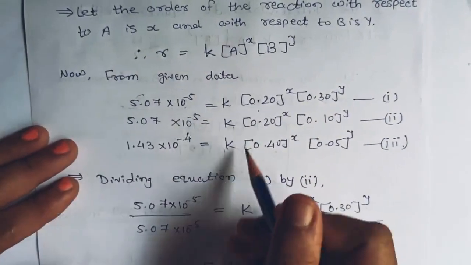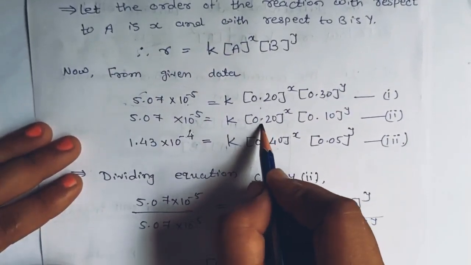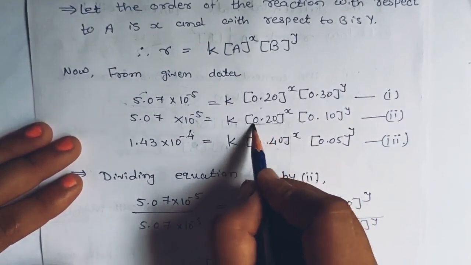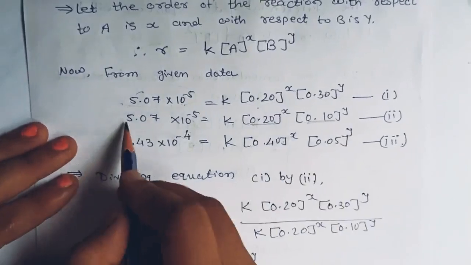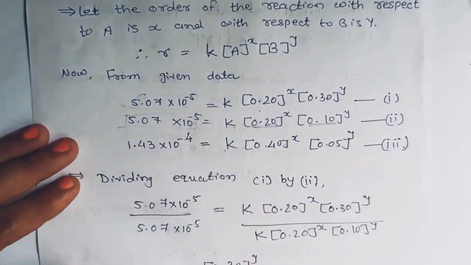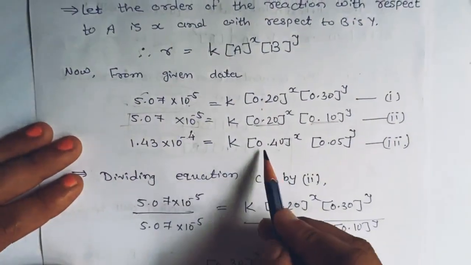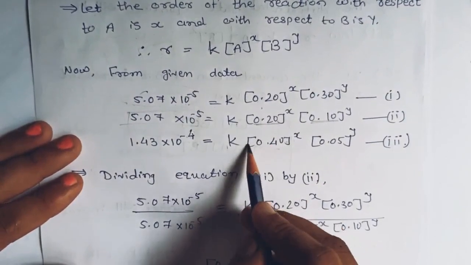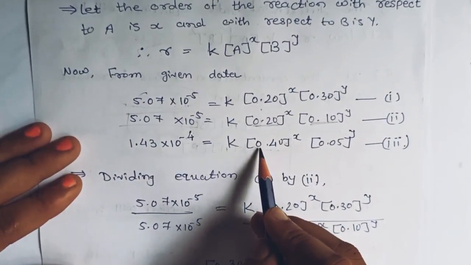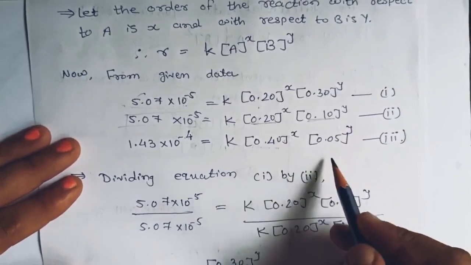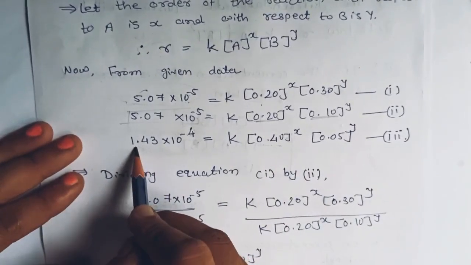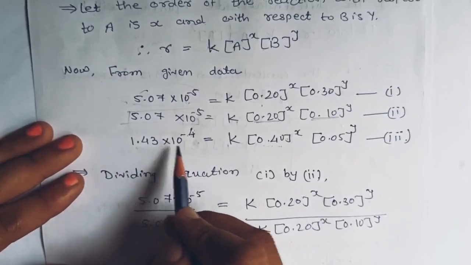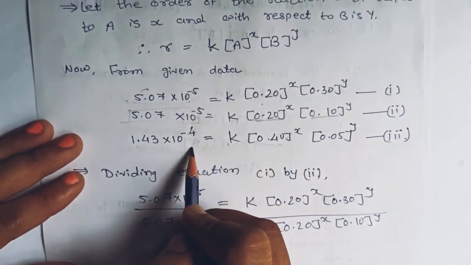Similarly, when the concentration of A is 0.20 and the concentration of B is 0.10, the rate for this reaction is this. And similarly, when the concentration of A is 0.40 and the concentration of B is 0.05, you will get the rate 1.43 into 10 to the power minus 4.